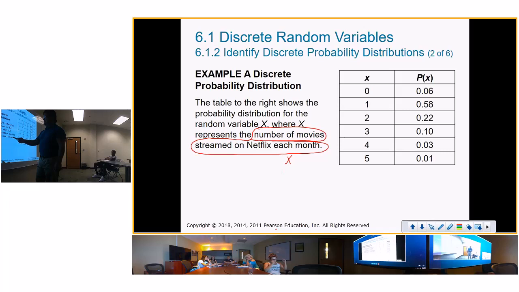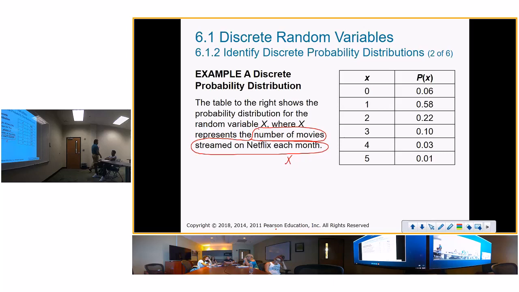Now, there are 2 rules about probability. Each probability has to be between what? 0 and 1. Therefore, it has to be positive. And all the probabilities together, added up, should equal what? 1.